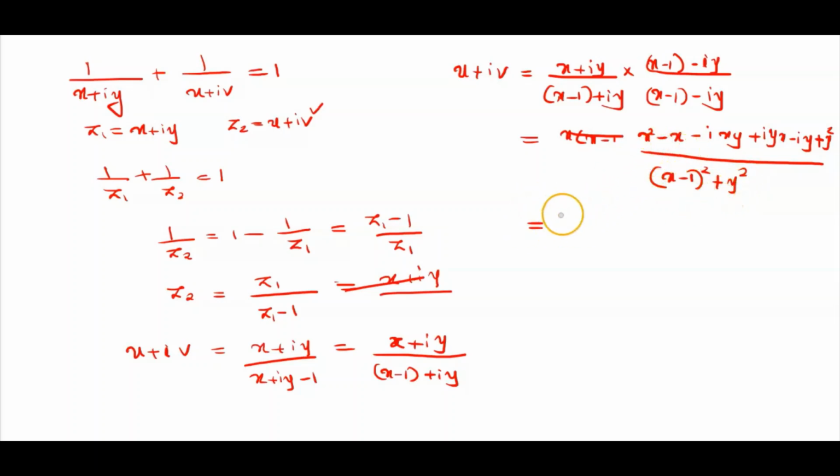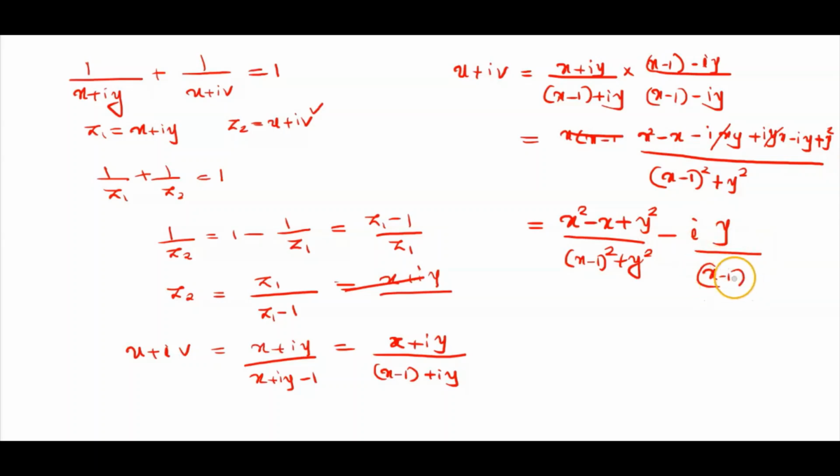So this is x square minus x, minus ixy plus ixy cancel, and plus y square is the real part divided by x minus 1 all square plus y square, and the imaginary part is minus iy divided by x minus 1 all square plus y square.